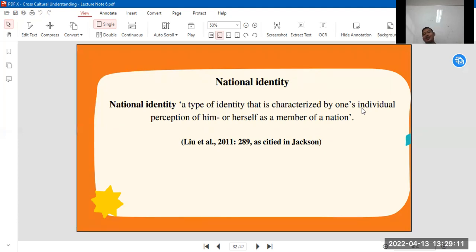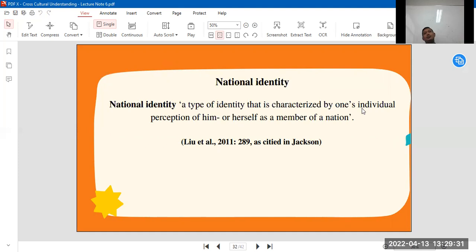It is important to recognize that people within a nation may have very different understandings and emotions in relation to its symbols. The strength of one's national identity may vary over time.